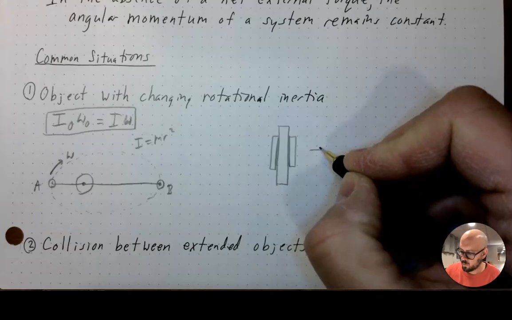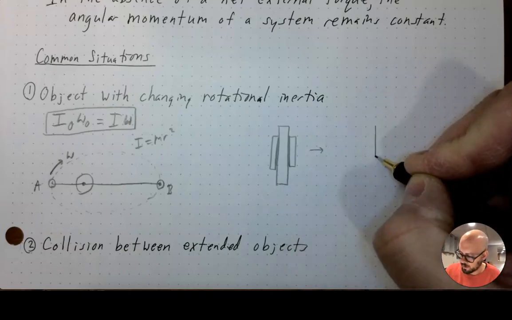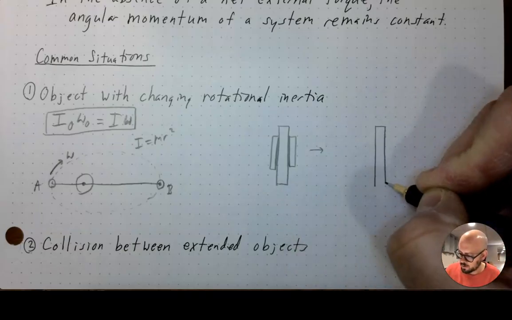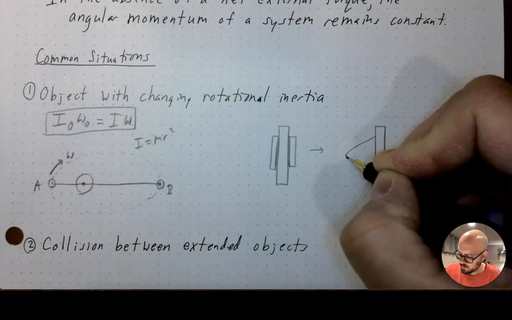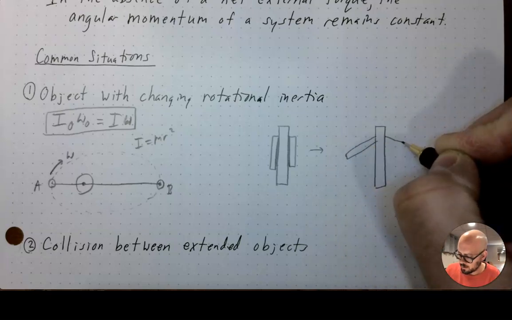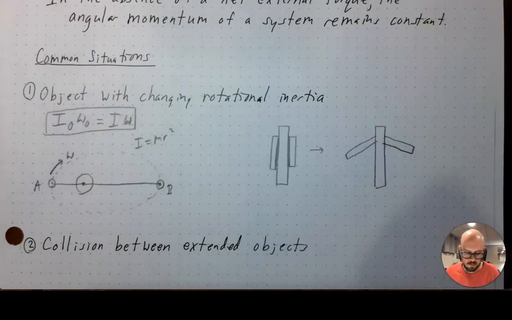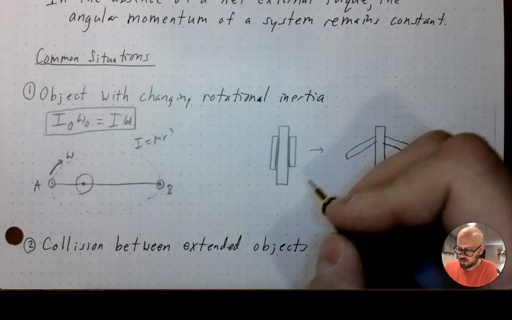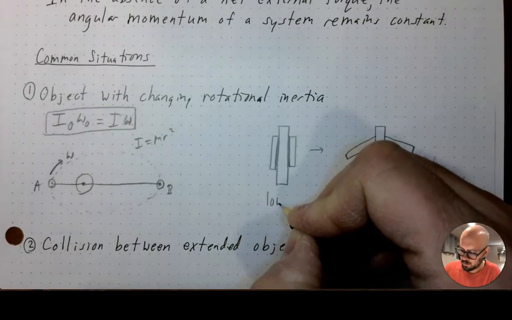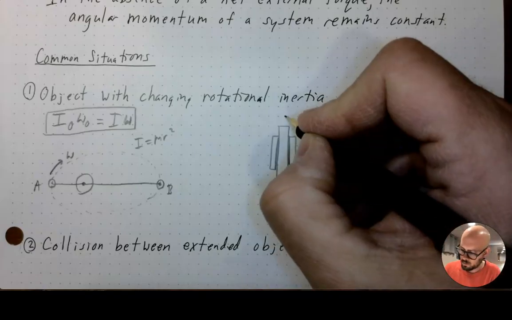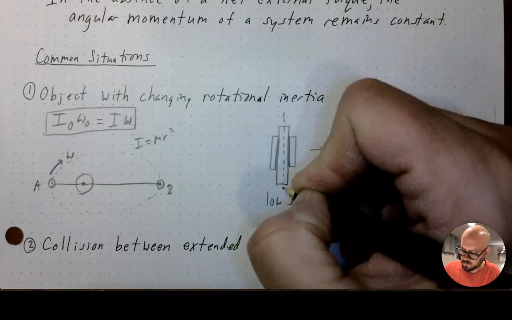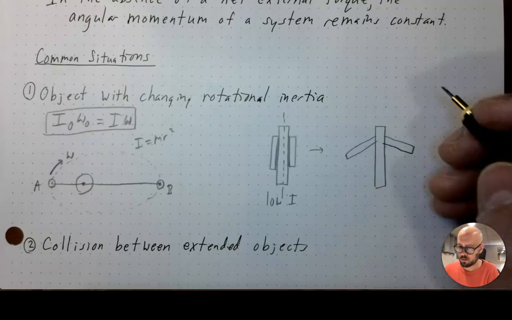So let's say we have a satellite that is rotating in space and it has solar panels that it can extend. Well, once it extends those solar panels, the orientation of the mass in that satellite changes. And so this initial orientation would be a low rotational inertia, assuming that the axis of rotation for the satellite was down the middle.